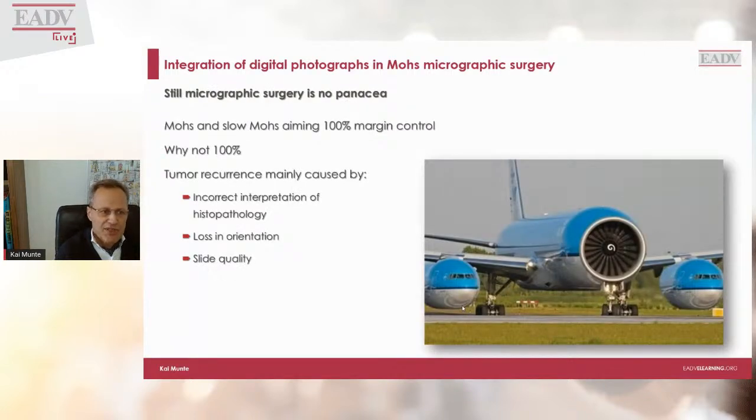Still, micrographic surgery is no panacea. Why we don't reach the 100%: the tumor recurrence is mainly caused by incorrect interpretation of the histopathology, loss in orientation during the surgical procedure, or bad slide quality.